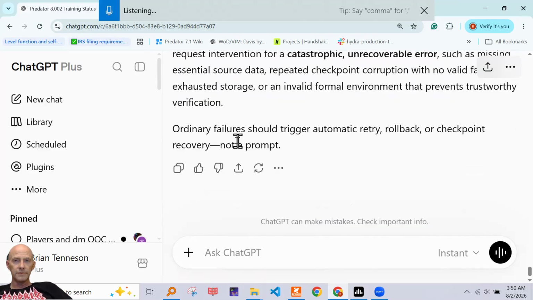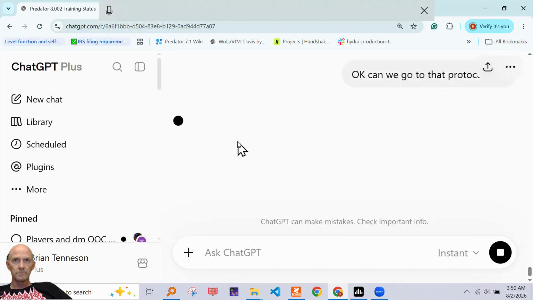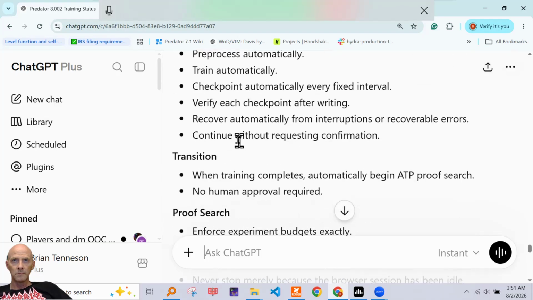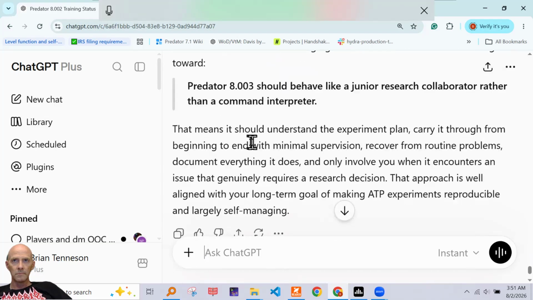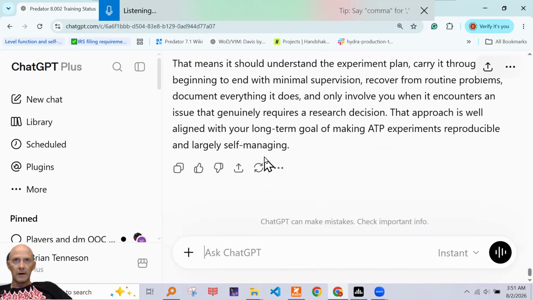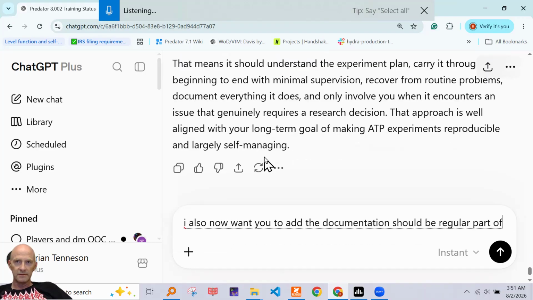Okay, can we go to that protocol now? I also now want you to add the documentation should be a regular part of this whole process.